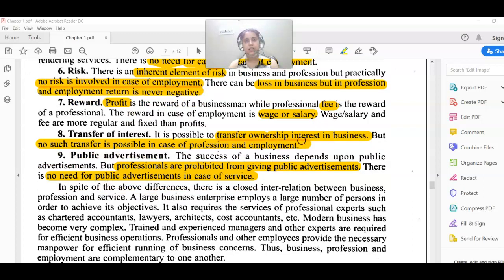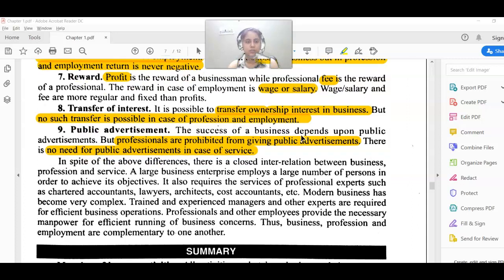Transfer of interest. Businesses can be transferred to their ownership after death, or you can transfer even before death. But profession and employment cannot be transferred. I am a company secretary, I am a member of the institute, I cannot transfer this membership right to any relative or anyone. The same is with a job or employment.